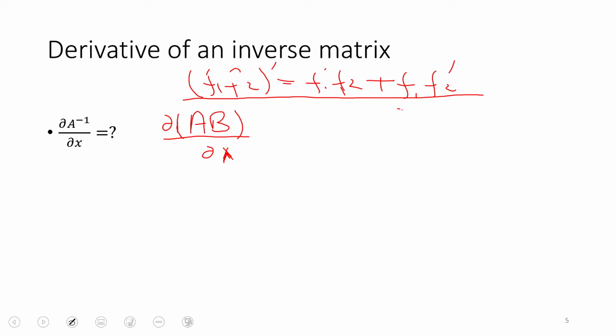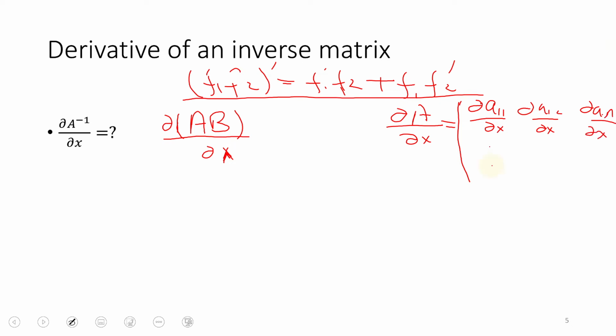Here the partial of A with respect to partial x is defined as a matrix: partial A11 partial x, partial A12 partial x, all the way to partial A1n partial x, and all the way down to An1 partial x, and the last one is partial Ann partial x.